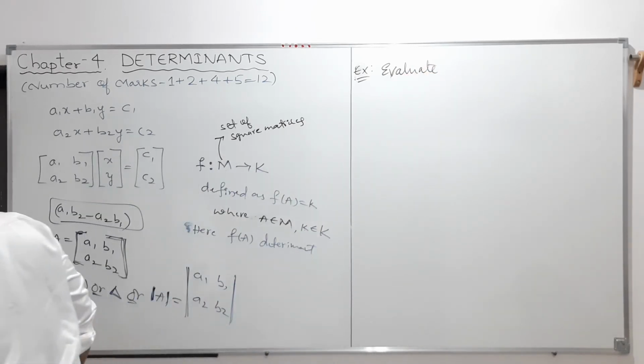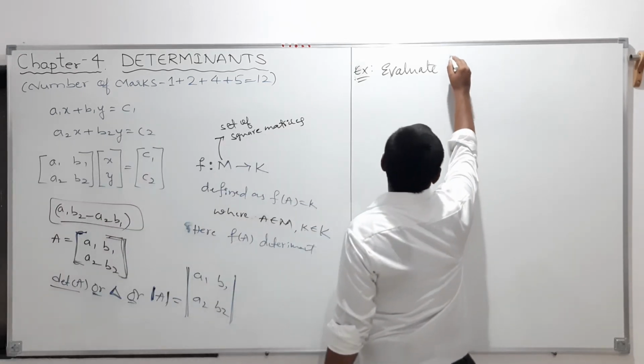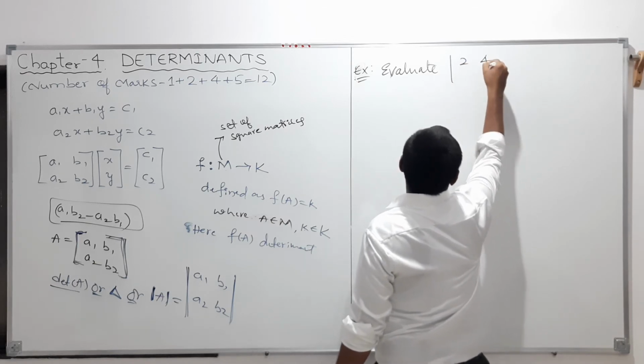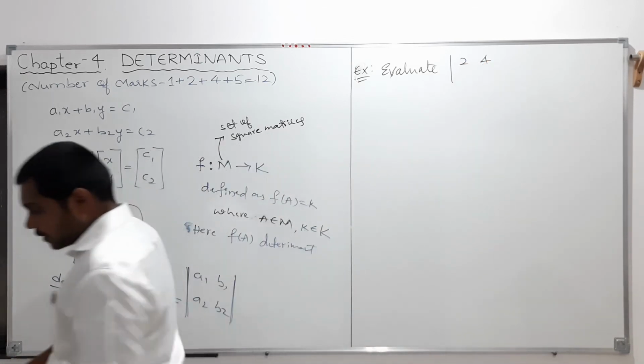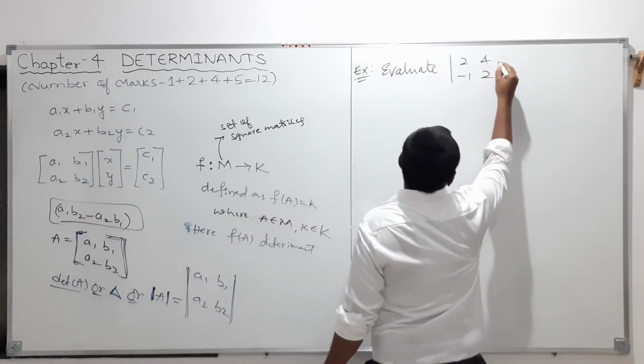Evaluate the determinant with rows 2, 4 and minus 1, 2.